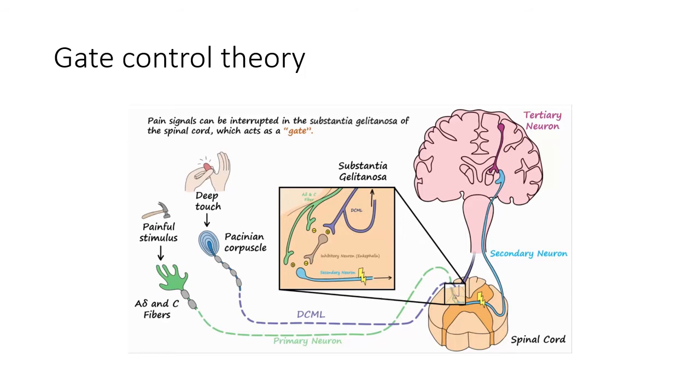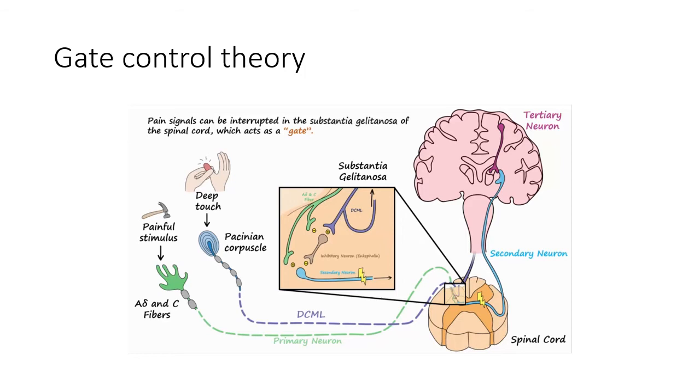We see this transmission on the enlarged picture, so the A delta and the C fibers are in green and the secondary neuron is the one in blue. The excitatory postsynaptic potentials in the membrane of the secondary neuron are increased. This leads to action potentials.